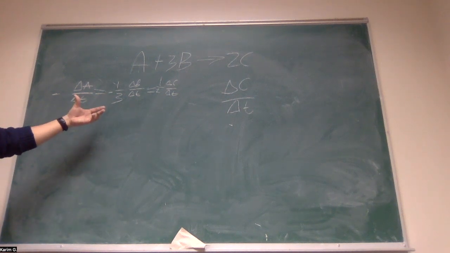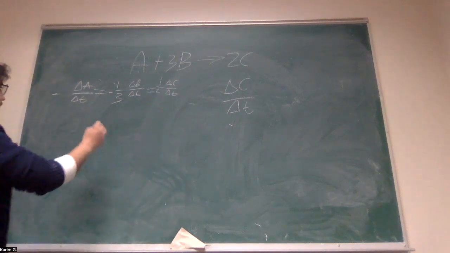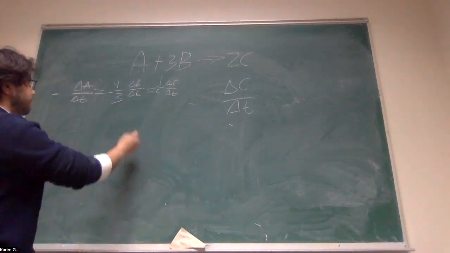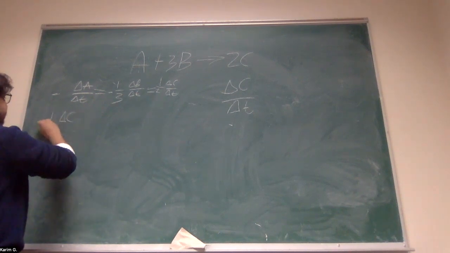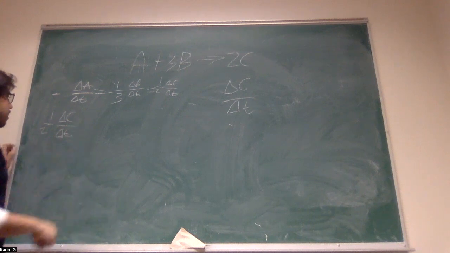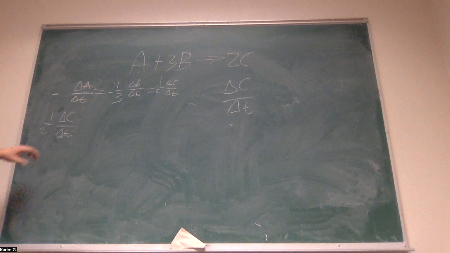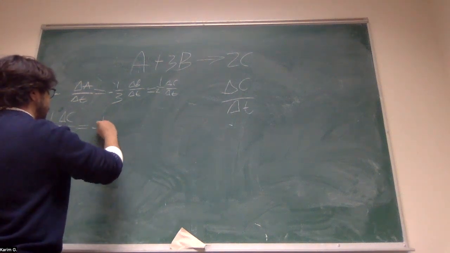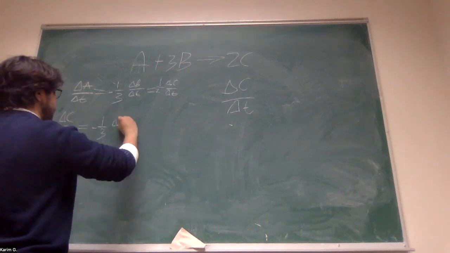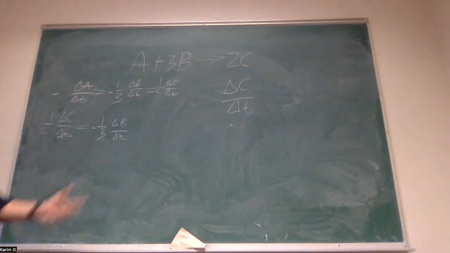Let's solve for delta C in terms of B. So 1/2 delta C over delta T, we're going to treat as X, equals negative 1/3 delta B over delta T, which we also treat as X.